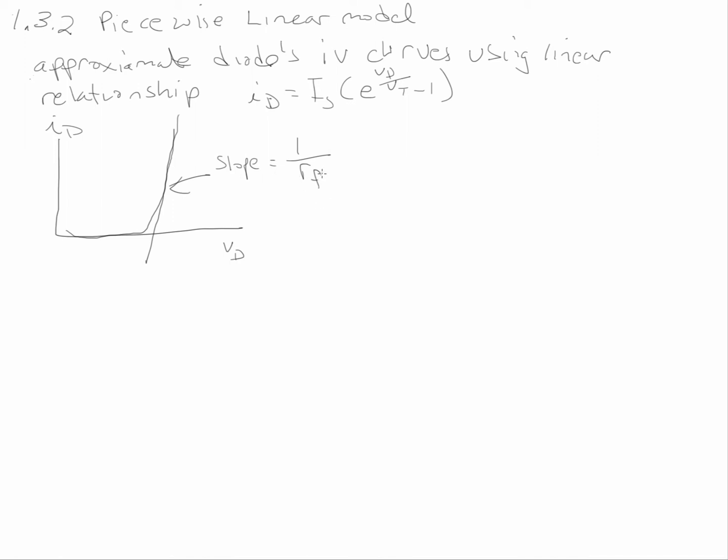This is what they call the forward diode resistance. And it's for VD greater than V gamma, which they call the turn on or cut in voltage.